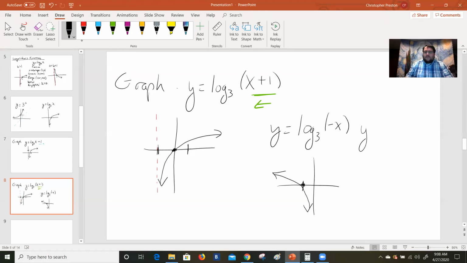If you put a negative on the outside, that's a vertical flip. And so now my log looks like that other function where the base is smaller. There are ways to convert that function into one with a 1/3 base, but, you know, it flips it. That's how I'd like you to think about those transformations.